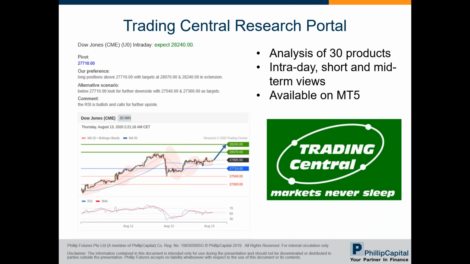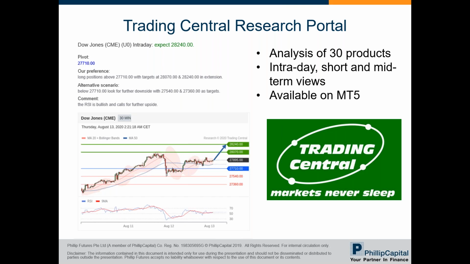Besides all that, if you decide to open an account under me, we do have Trading Central, which is actually a technical view. Over there, they send some technical views and trade recommendations for, let's say, the Dow Jones.